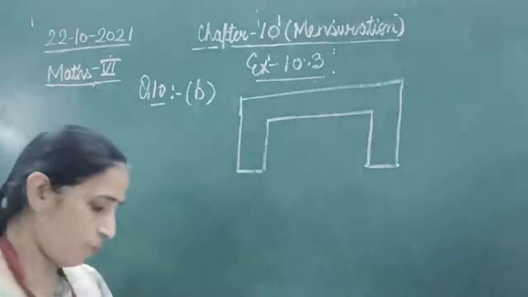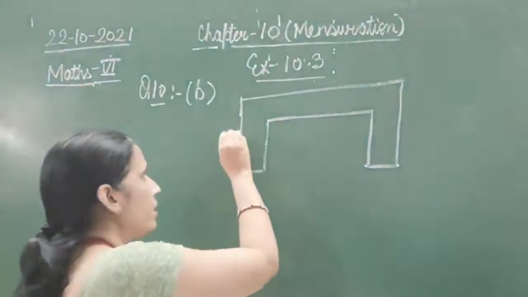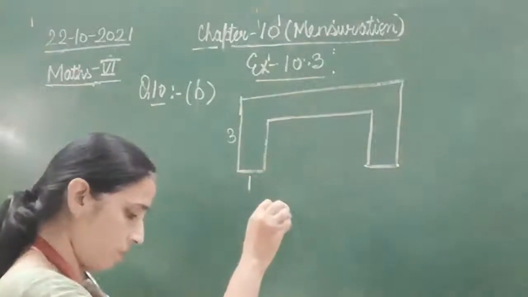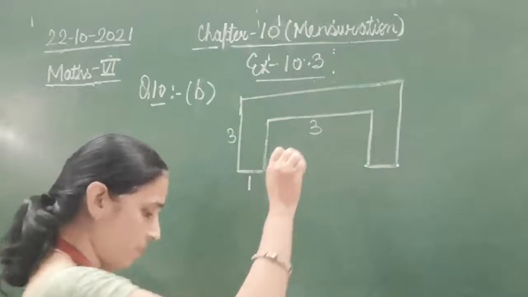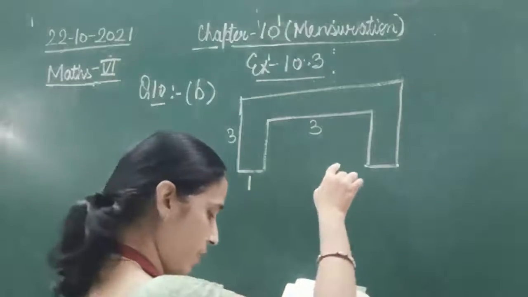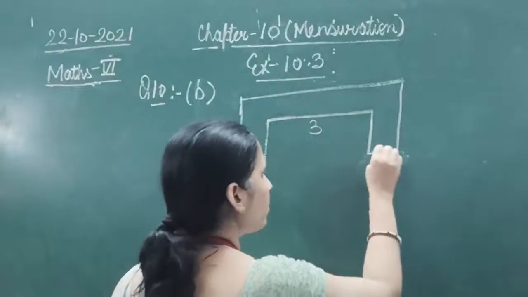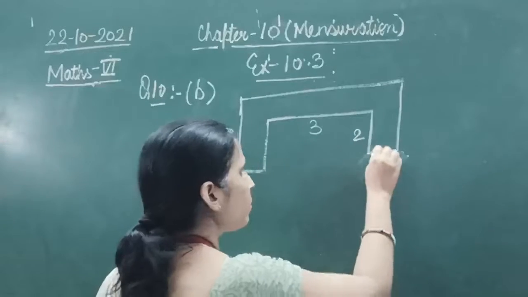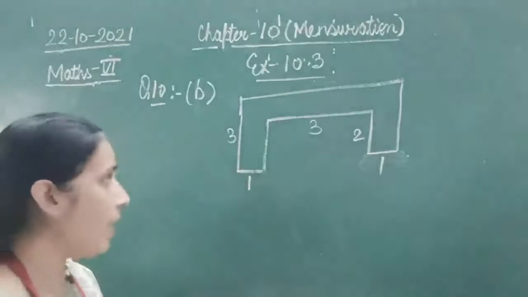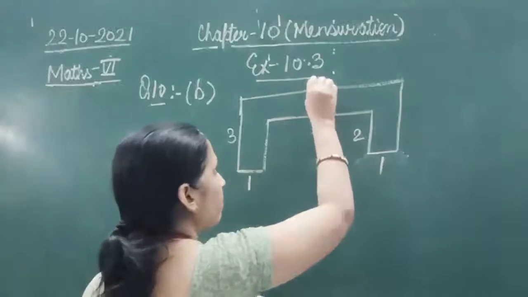Now here, what is the length? 3, 1, 3, then here it is 2, a bit smaller, 2, and then this is 1, and the upper one is 5.